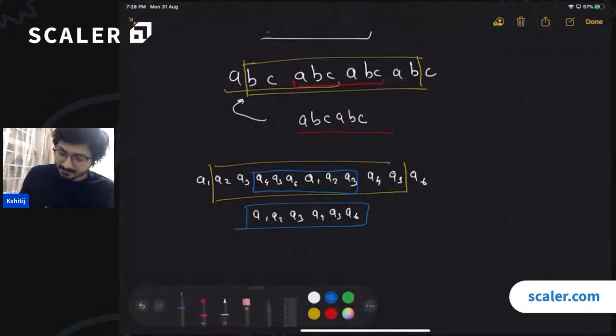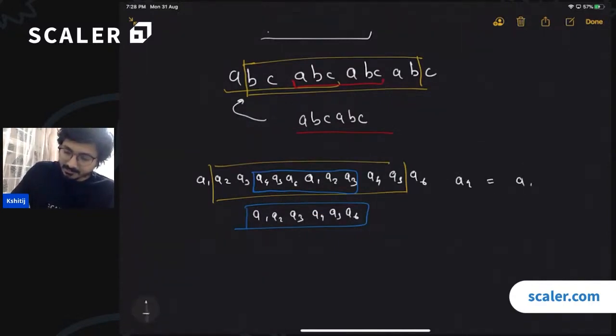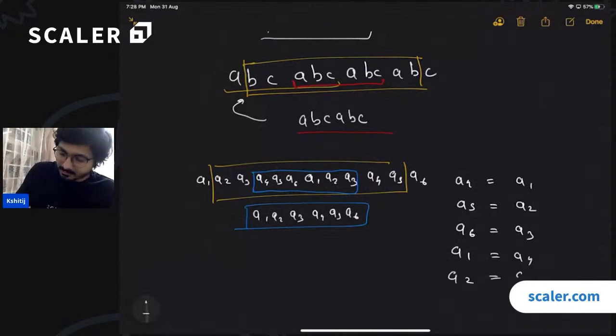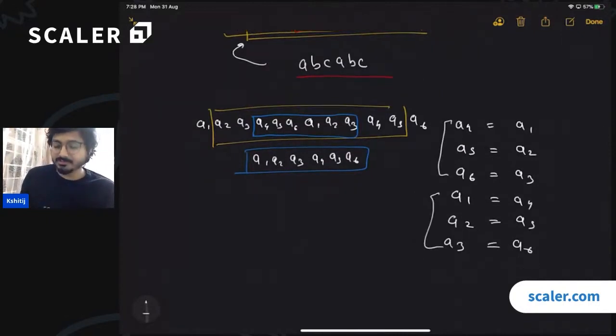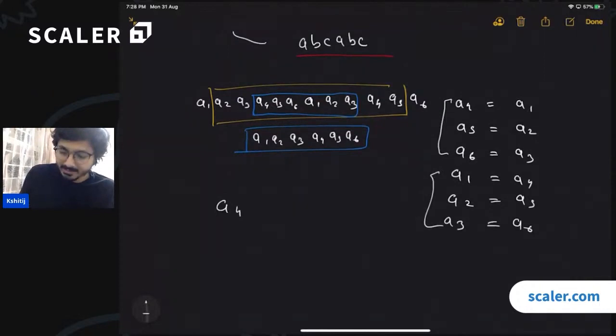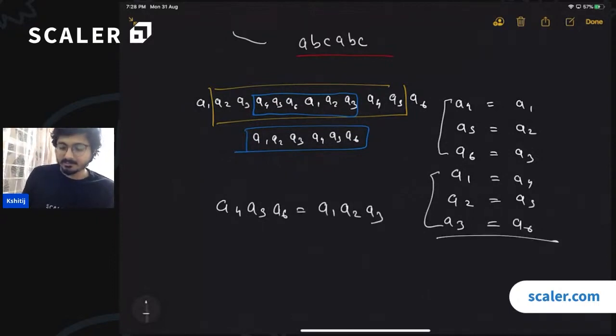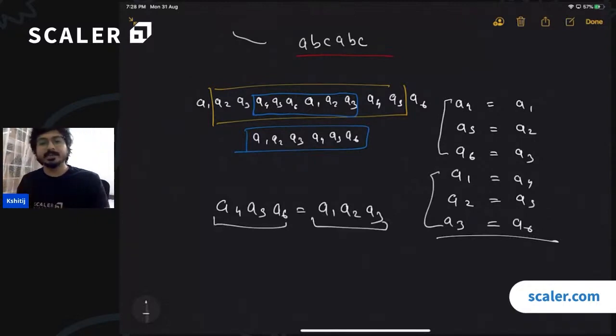This means that A4 is equal to A1, A5 is equal to A2, A6 is equal to A3, then A1 is equal to A4, A2 is equal to A5, and A3 is equal to A6. Again, if you combine these two equations, you get that A4, A5, A6 is the same as A1, A2, A3. This is also showing the same thing, which means that this is a substring which is repeating.